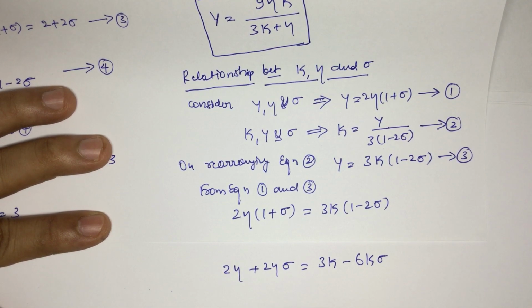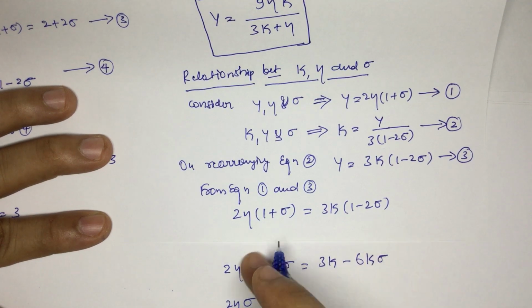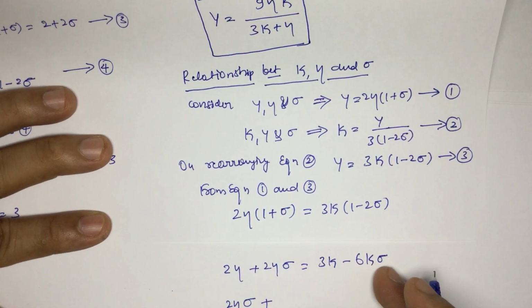Now again rearrange this equation. I'll keep 2 eta sigma on one side and bring this term 6k sigma to LHS. So this is a negative sign here.